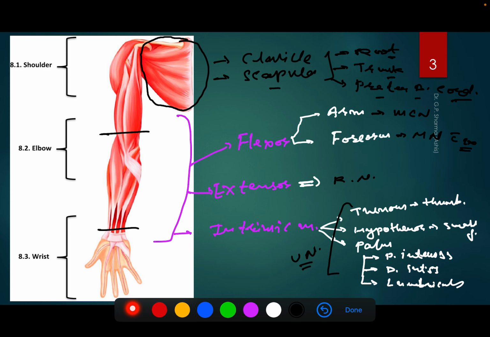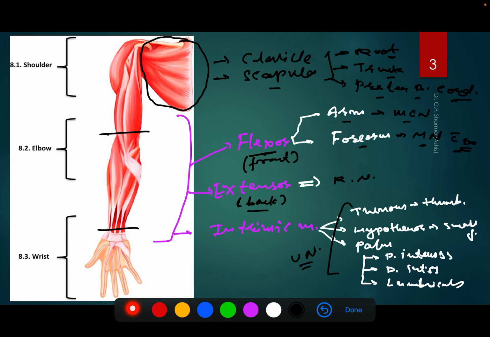Flexors of the arm. Flexors means front of your hand. These are the flexors. And extensors means they are the back of your hands, right? So the flexors in the arm are supplied by musculocutaneous nerve. In the forearm, supplied by the median nerve, and there are some exceptions we will discuss.